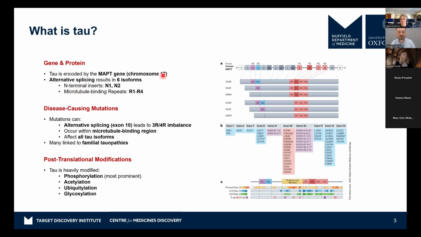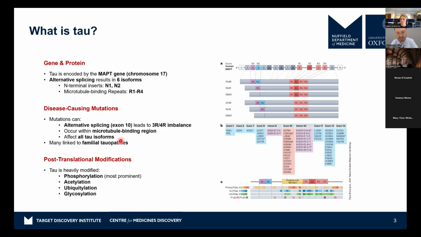These differ due to the number of N-terminal repeats, N1 or N2, which can have 0, 1, or 2, and also due to the number of microtubule binding repeats, which can be either 3 or 4, as you can see in some tauopathies. This distinction is important because different tauopathies are associated with different isoform compositions.